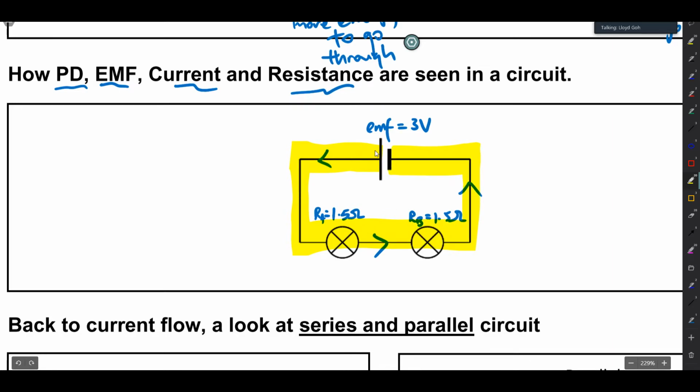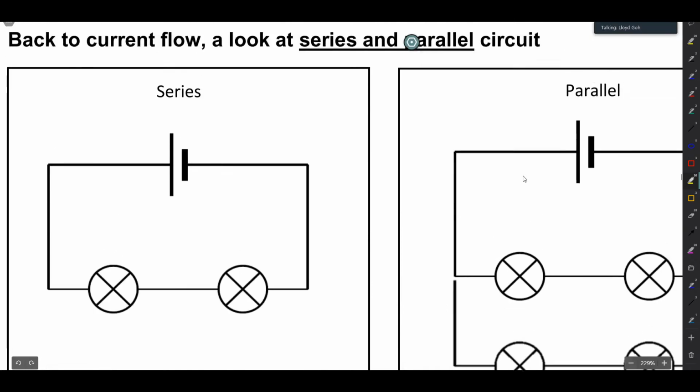This is a very quick litmus test to see whether a circuit is series or not. You start tracing the conventional current at the positive side and try to go towards the negative. If you can do this in one stroke, then this is a series circuit.